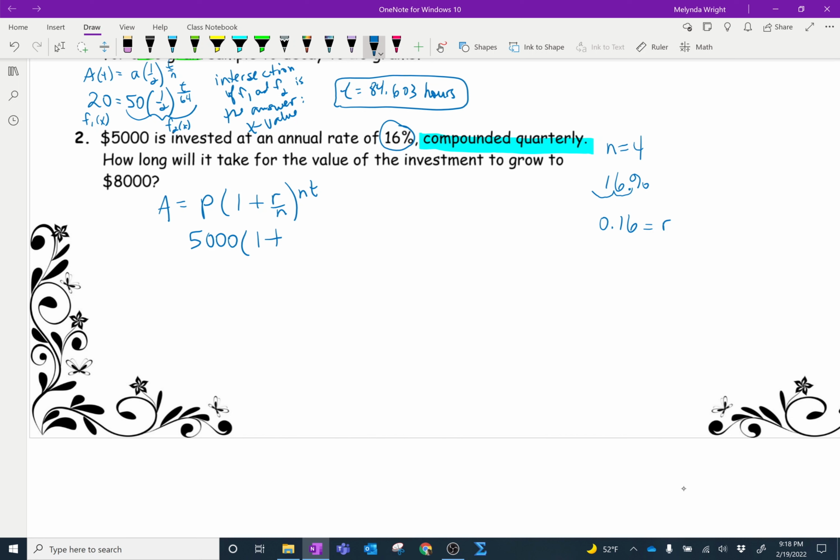Then 1 plus, our R is 0.16 and our N is 4. Okay, good. We're raising it to the 4t. And we want our final amount to be 8,000. That's what we want it to be.